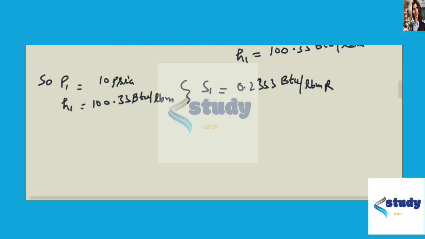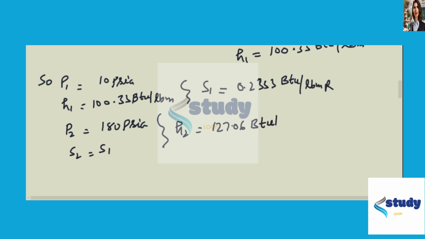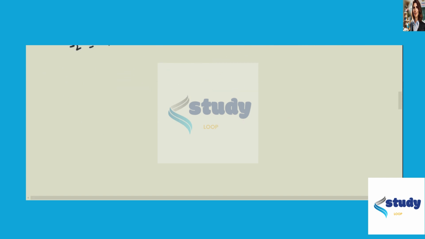Remember, pressure P2 is 180 psi, S2 is equal to S1, so enthalpy H2 to be 127.06 BTU per pound mass.